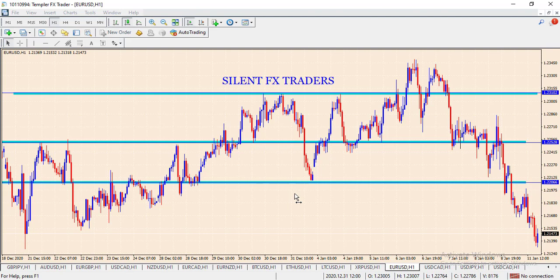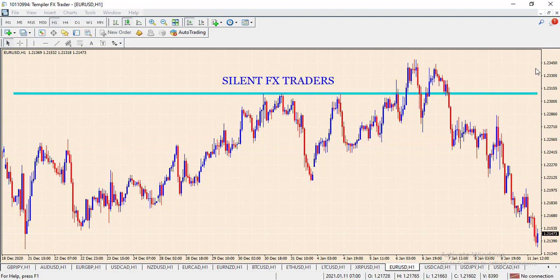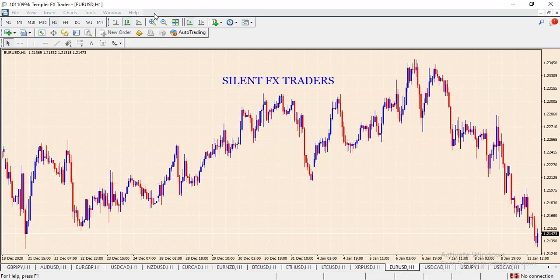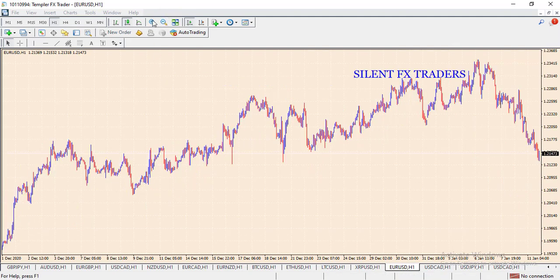Now, let me first delete all this. Now I'm going to show you how to spot or draw these levels in a simple way.